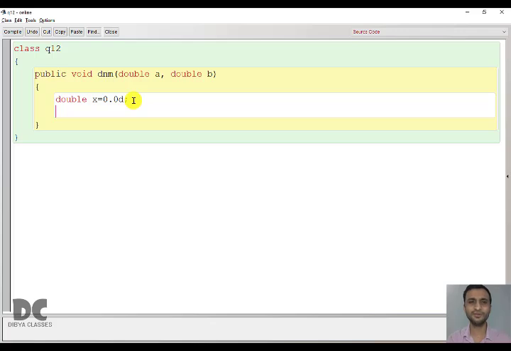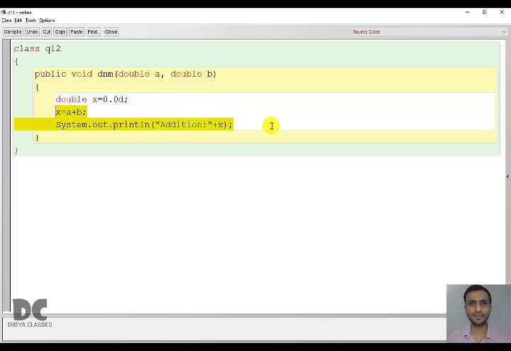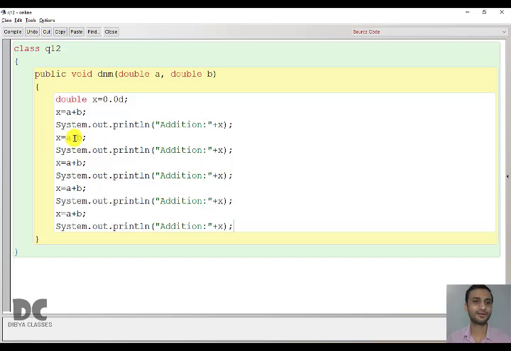So first we'll do addition. X equal to a plus b. Done. Then we'll print the value. Addition, it is present in the variable x. Similarly, we'll do all the calculations. I'll just copy paste and change it.